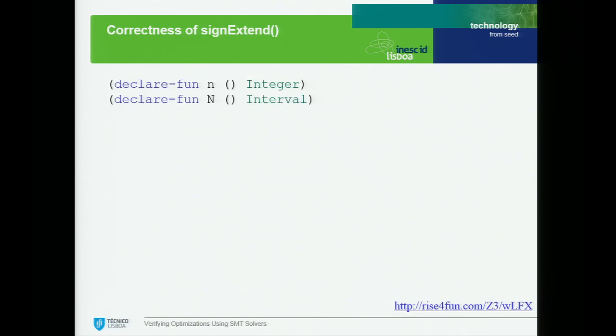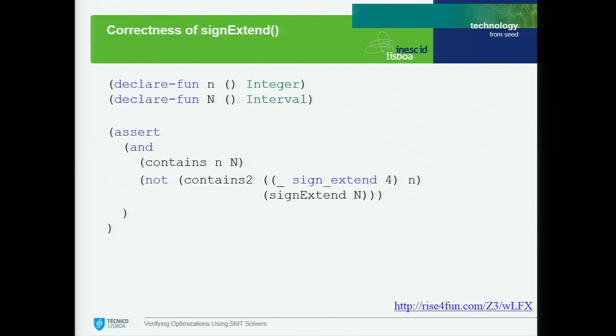So we define an integer and an interval, and say I have some integer which is contained in some interval. Now let's try to find such an integer whose signExtend is not contained in the signExtend of the interval. This sounds a bit tricky the first time you do it, but then it becomes pretty straightforward. Okay, and now we can ask: is this correct or not?